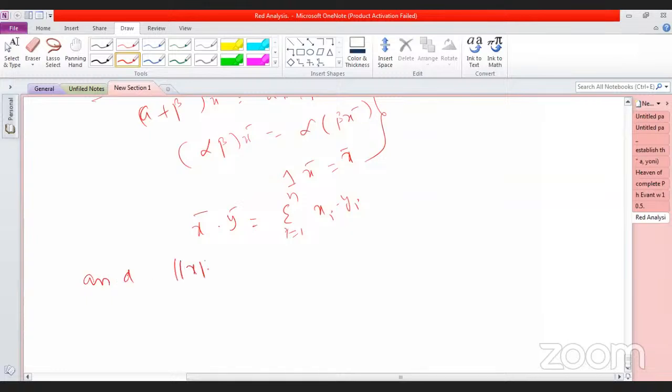And the modulus of x bar, the norm of x bar belonging to R power n, is the modulus of x bar. This is correct.